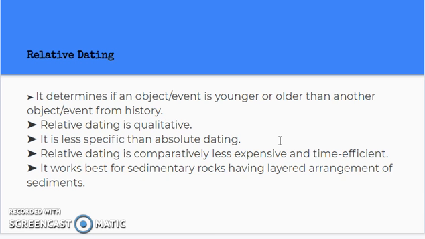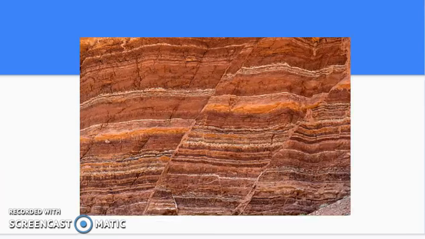Absolute dating, you're going to have to take a sample back to the lab and run tests, so it does take longer. You're also going to find that with sedimentary rocks, relative dating is much easier to use because of the strata that we find in lots of sedimentary rocks. The way they are laid down, relative dating has some rules that apply and make it easy to figure out.